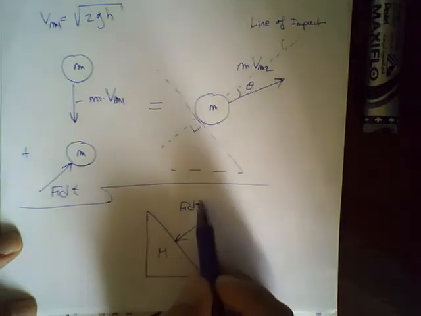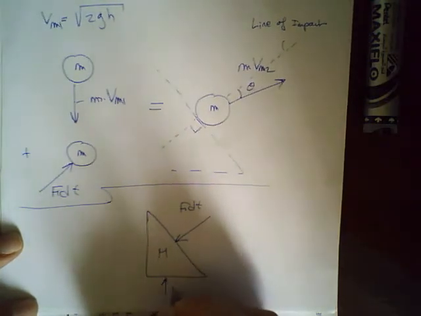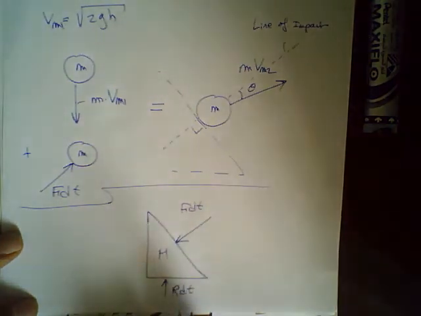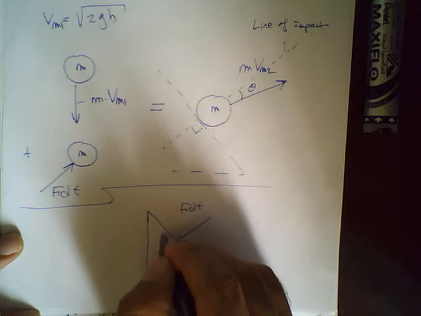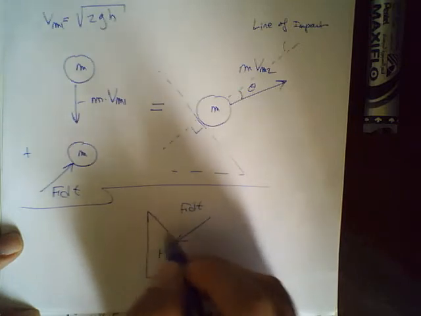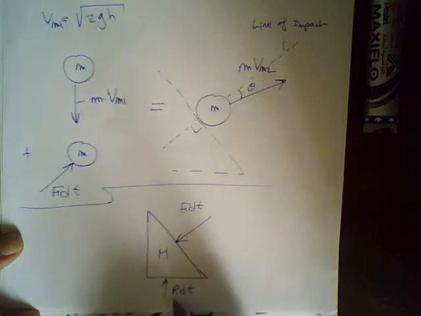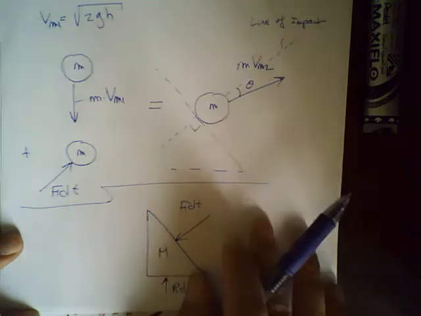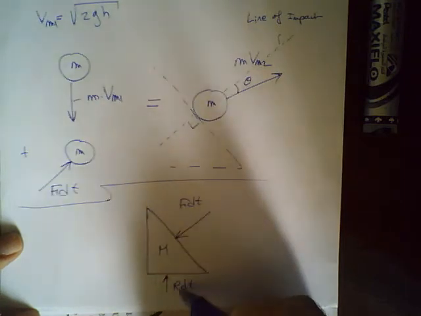During this impact gravity is also applied, but you have R dt, the reaction due to the ground, and you have mg dt from this end. mg dt is very small compared to R dt and F dt. This is why we ignore gravity in the case of an impact.